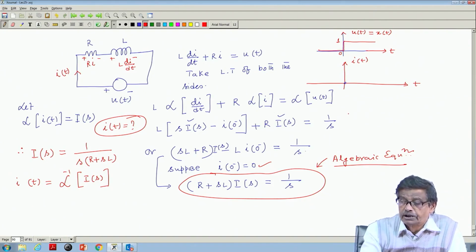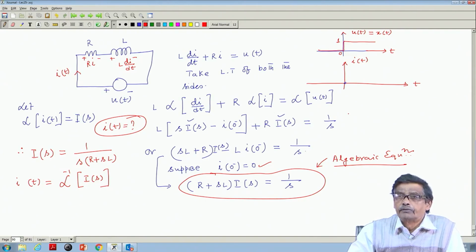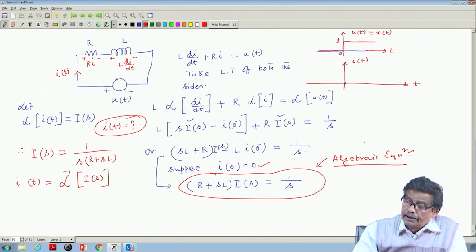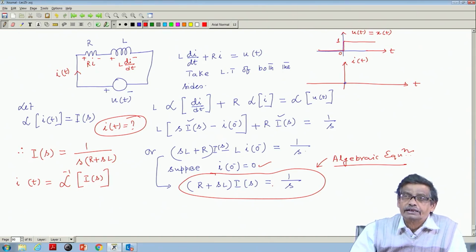So, this formula is to be remembered: Laplace transform of dx/dt is s into X(s) minus x(0). So, using that formula, only thing here instead of x you take i, and Laplace transform of the input signal must be known, a known signal. So, 1 by s, and then manipulate these terms, this is an algebraic equation. So, as if you are solving a DC circuit, I(s) is equal to some this by this.